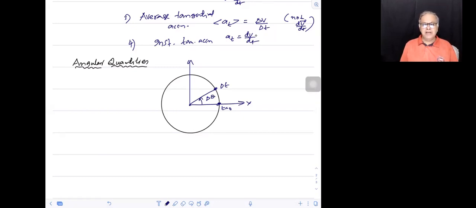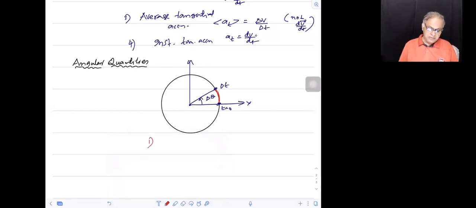Now this is happening in the same time delta t, isn't it? We had, of course, this delta s described. This path by this time gave you average speed. This angle by this time gives you average angular speed. Is it okay?